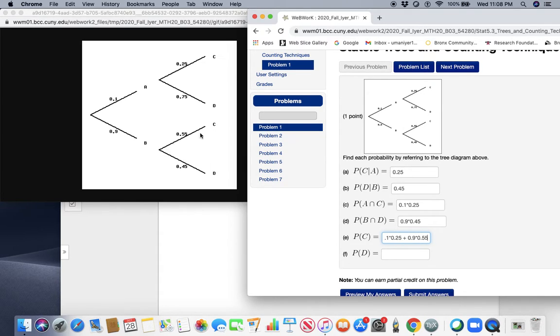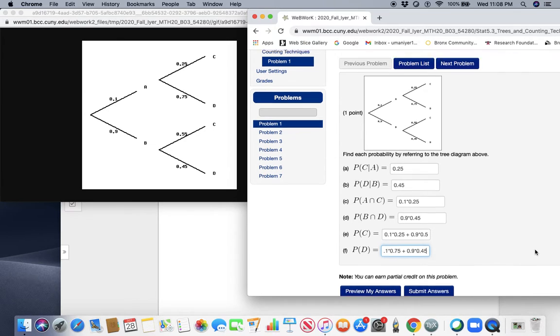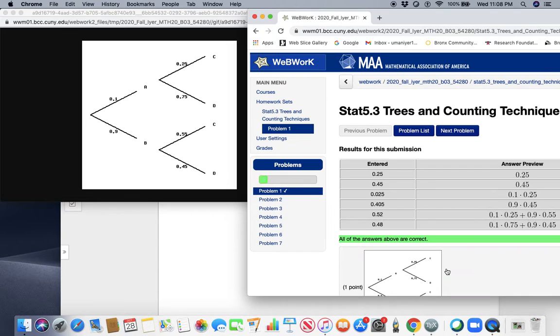That was this one. Probability of D is this sequence or this sequence. So 0.1 times 0.75 plus 0.9 times 0.45.